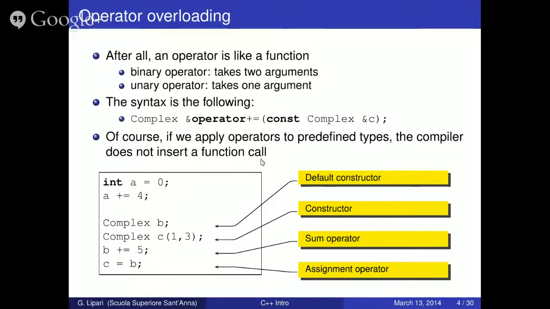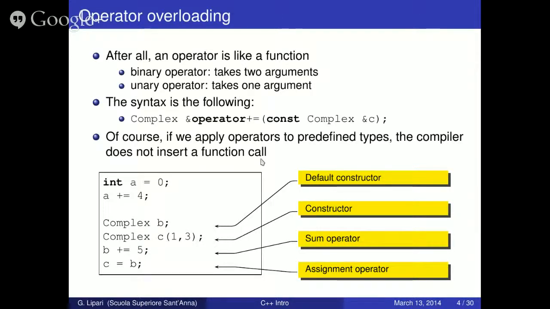Of course, if we apply operators to predefined types, the compiler does not insert a function call. If instead operators are applied to your own classes, then the function is going to be called. Okay, so for example, if you define an integer a and you do a plus 4, this is translated by C++ into a simple machine instruction, a pair of machine instructions actually.